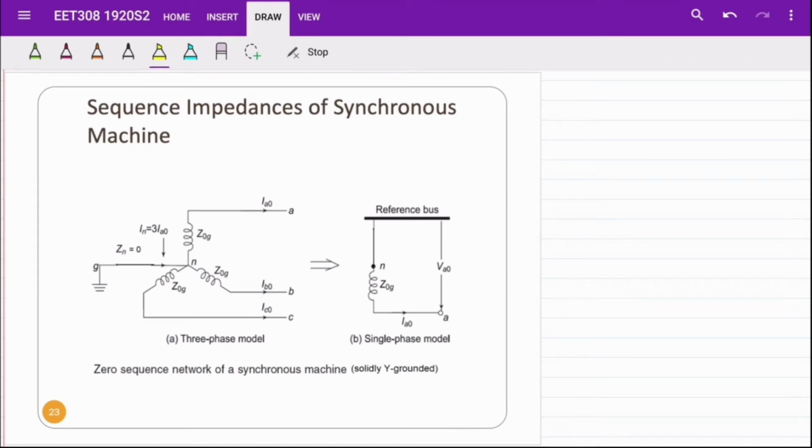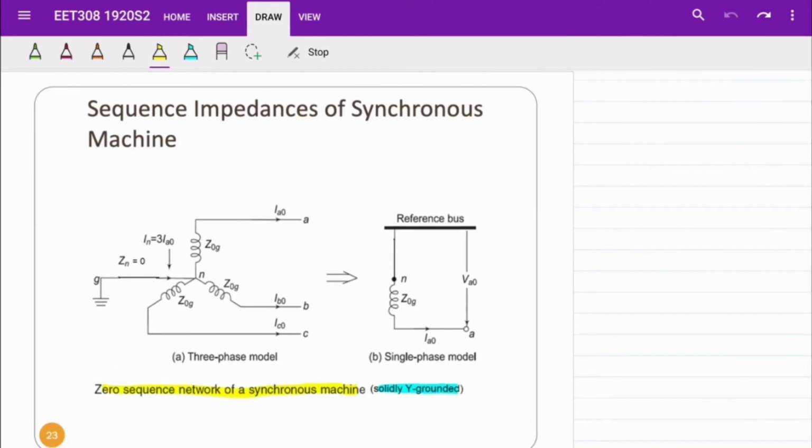Now we proceed to the second connection of the zero-sequence network of a synchronous generator, which is solidly Y grounded. For this type of connection, we can see clearly in figure A that the node N or neutral point is connected directly to the ground without Zn.